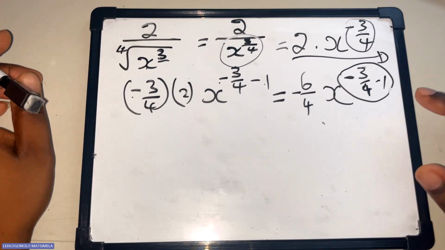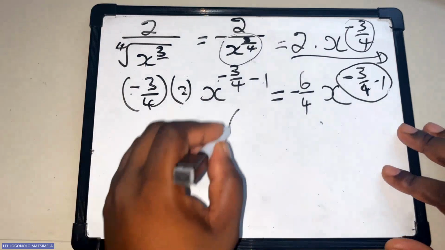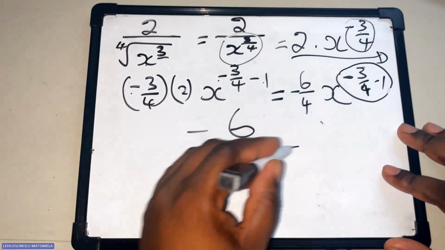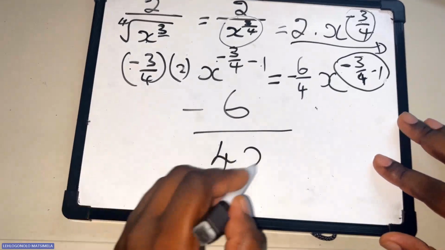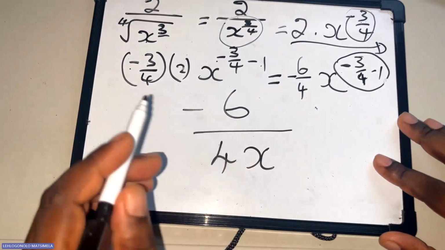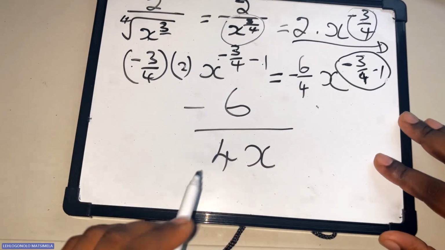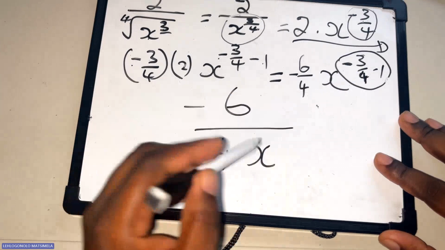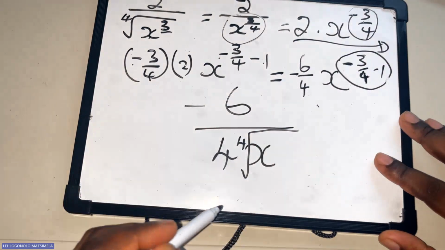And then in exponent form, you'll have to get rid of the negative by moving it to the denominator, divided by 4, and then x will be coming here, and the denominator here will be 4, which means it will be giving us the fourth root again here.